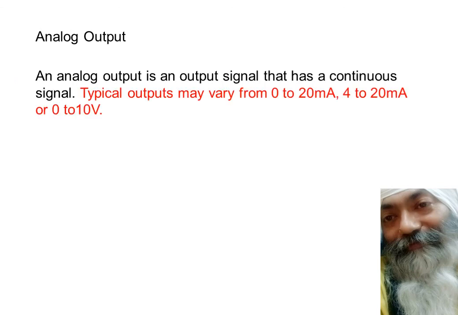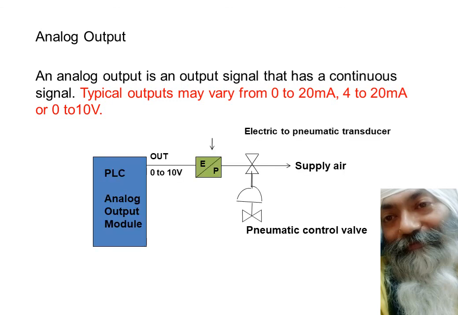Then we have analog output, which is continuously changing itself from 0 to 20 milliampere or standard 4 to 20 milliampere. This output, which is coming continuously from the analog output, is converted by an E to P converter. Sometimes, in case it's current, it is called an I to P converter.